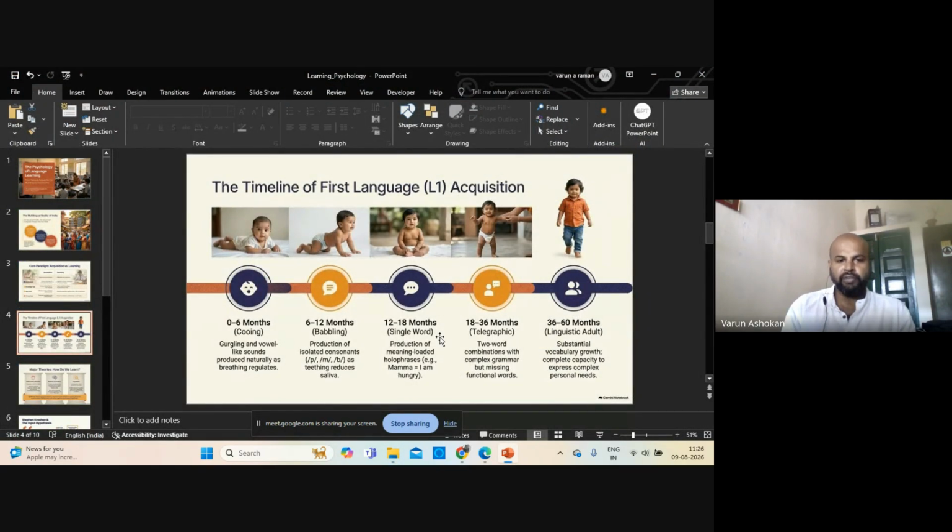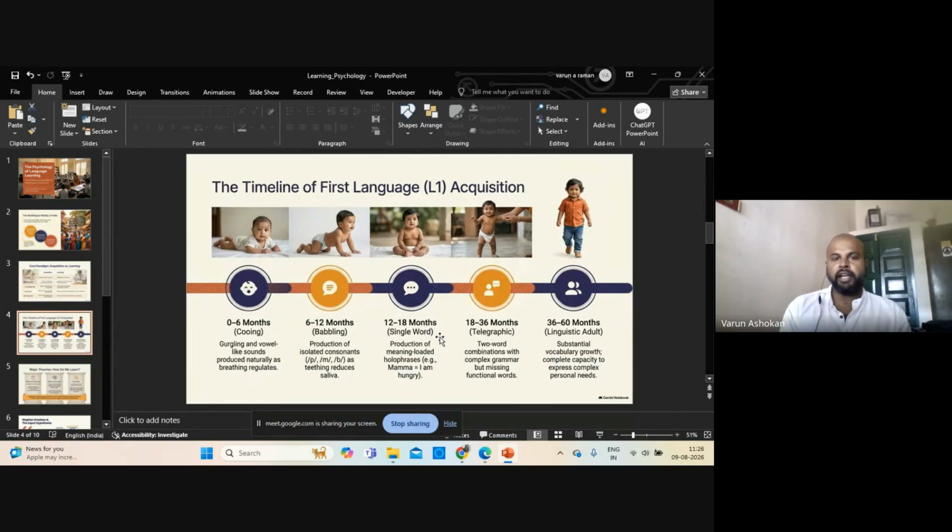So this explains the stages of language development. I'm trying to rewind. First, we have cooing, where the child just tries to make some sounds. Then we have babbling, where the child tries to make proper sounds, and a single word stage where the child tries to utter single sounds like papa, mama, then two-word sounds. Then we have a linguistic adult stage where the child speaks fluently, but maybe not completely fluently.